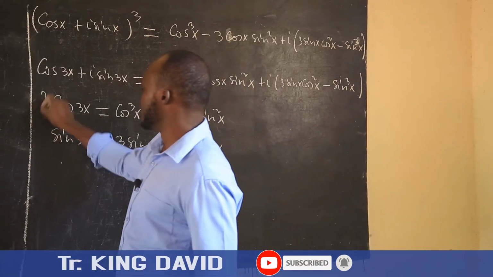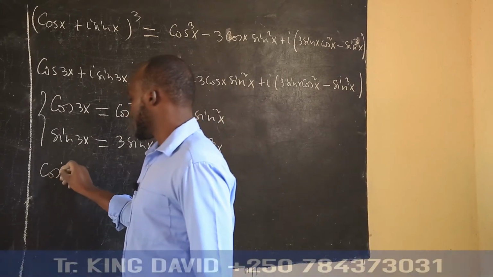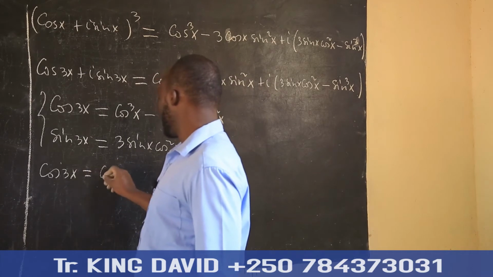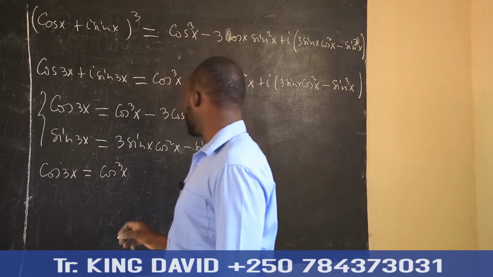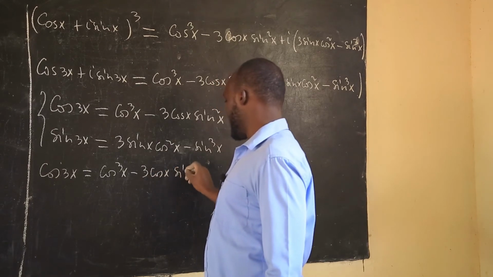Let us first deal with cos 3x, which is equal to cos power 3 x minus 3 cos x sin squared x.